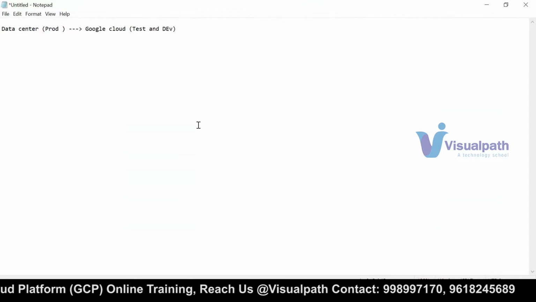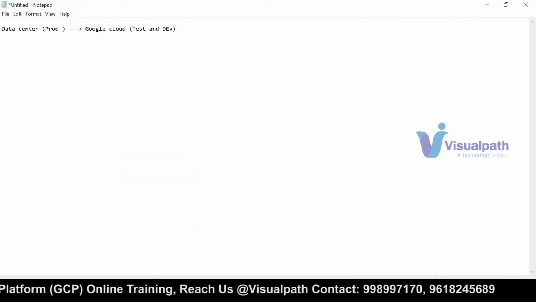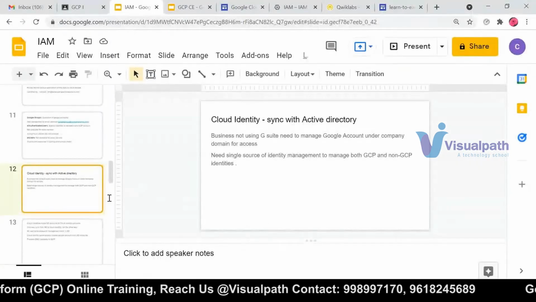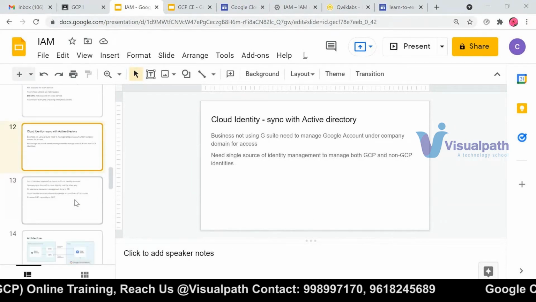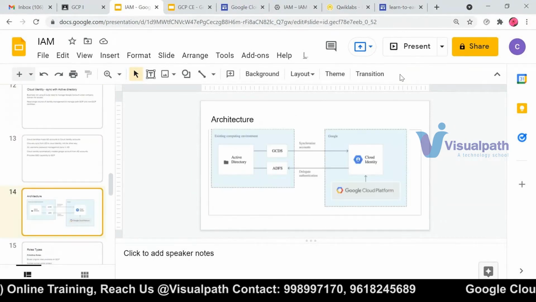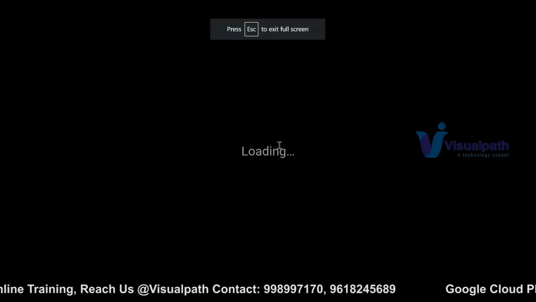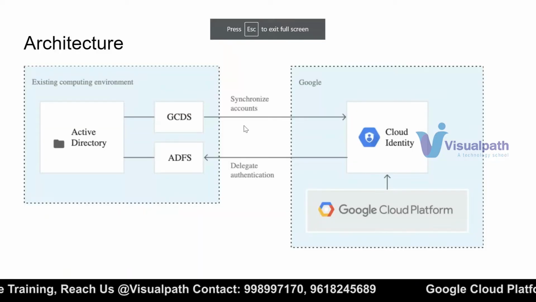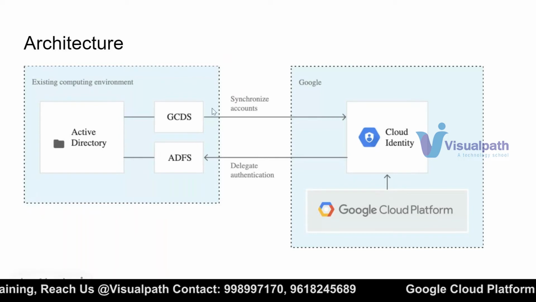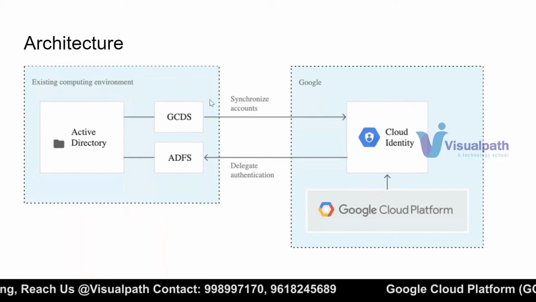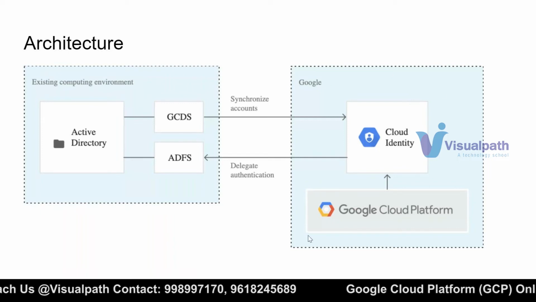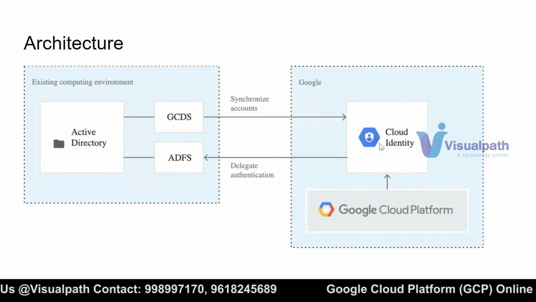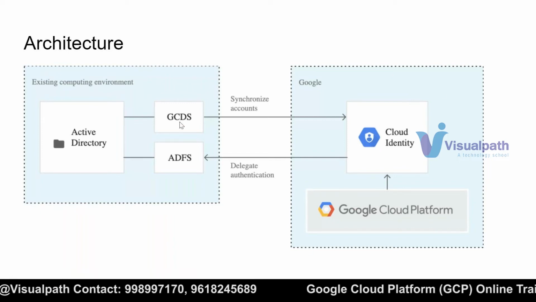What they can do is use GCDS. So GCDS, this is the architecture. It is Google Cloud Directory Sync. This is the existing computing environment. On the left side you can imagine on-premise, and the right side is your Google Cloud. In the cloud, we have Cloud Identity here and GCDS here.